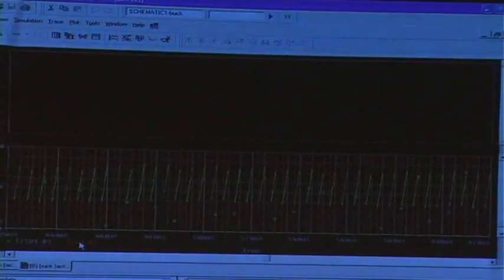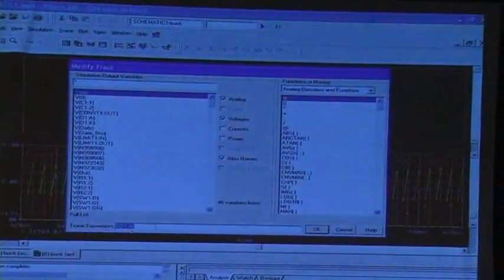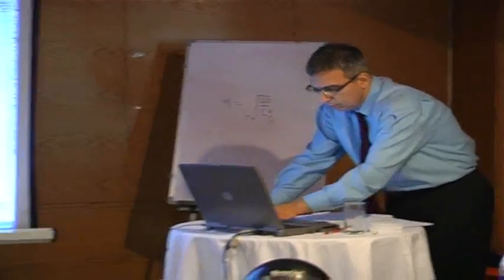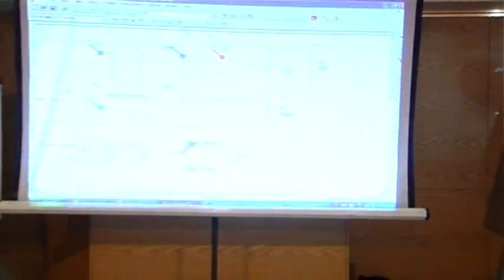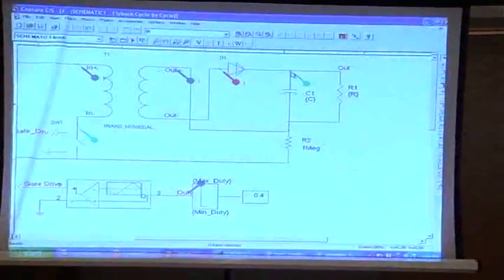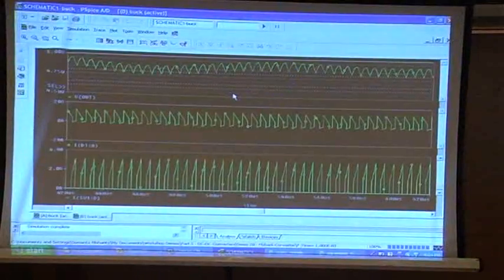So they should be out of phase. Maybe this is a bad idea. The output voltage. That's your output voltage.